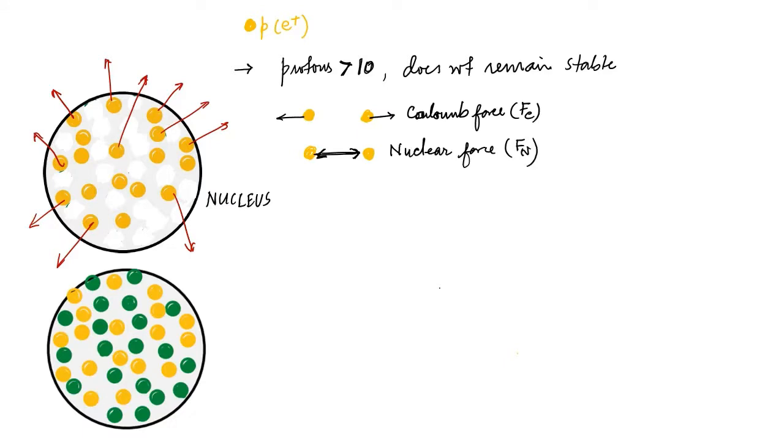So when we have more than 10 protons in a system, the Coulomb force dominates over the nuclear force acting between these protons, and the system is unstable.